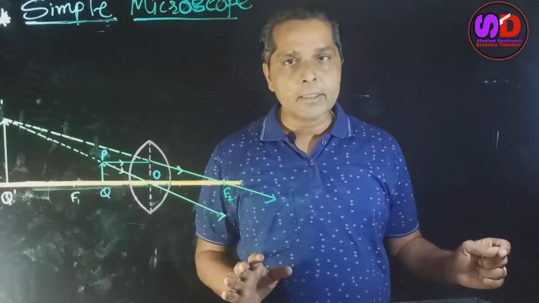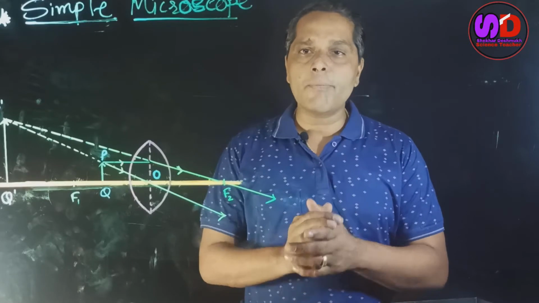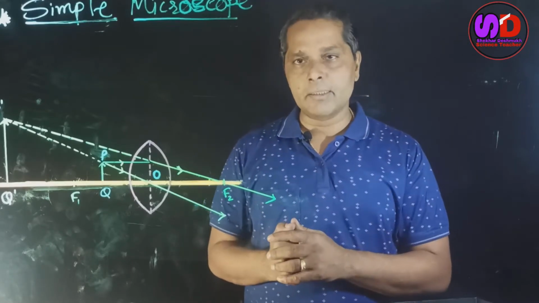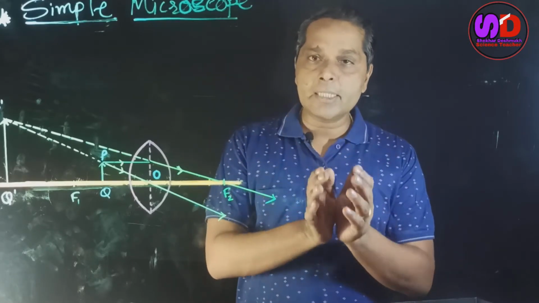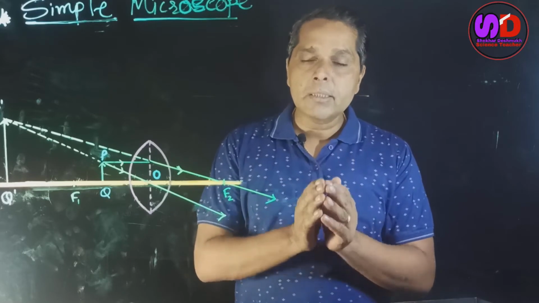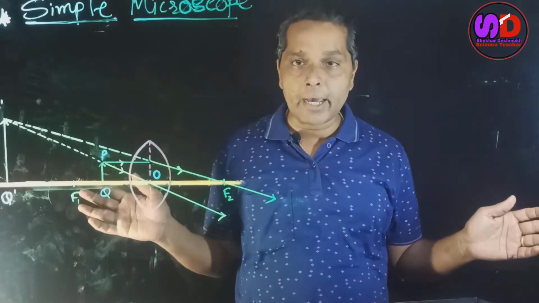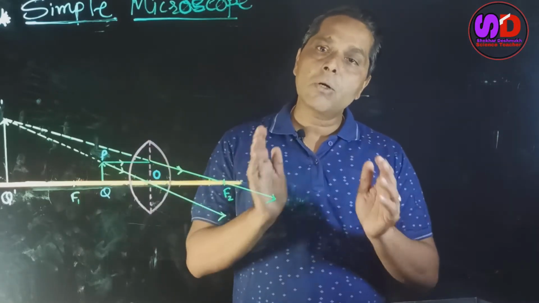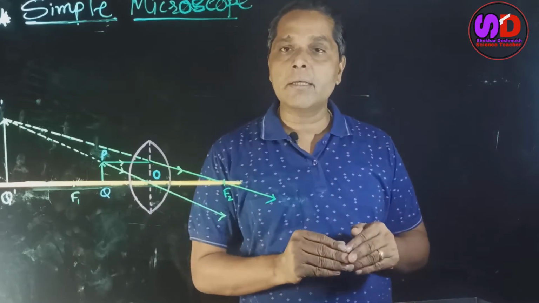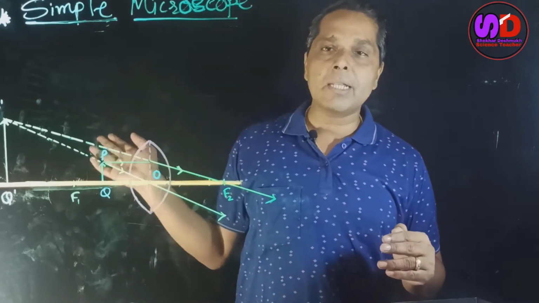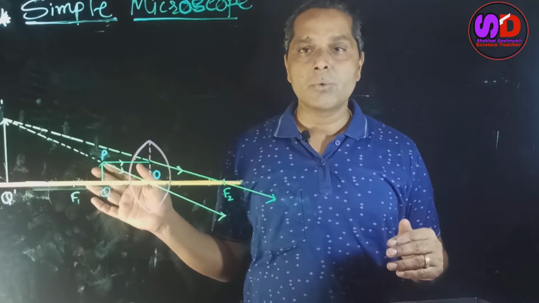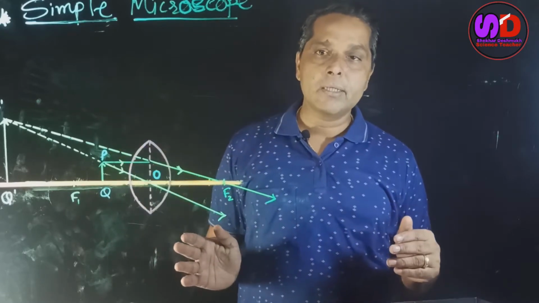By using a convex lens of very small focal length, which means the power of the lens is high, we can get 20 times larger image of any object.